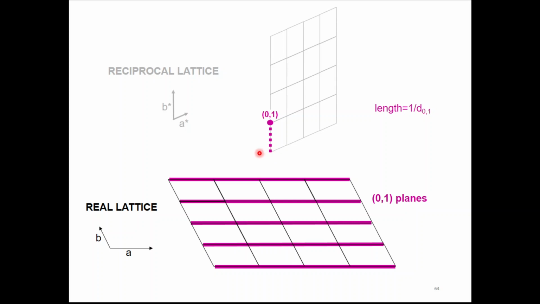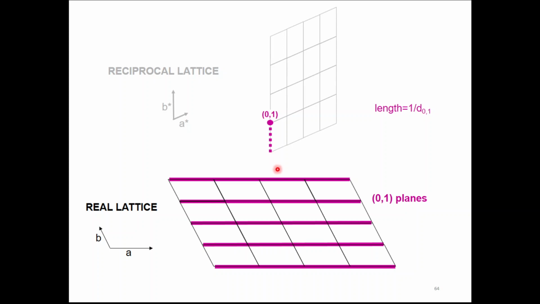To construct a reciprocal space, we must first define a point as our origin. So this is the very initial step to start constructing a reciprocal space or reciprocal lattice. So this is the origin.